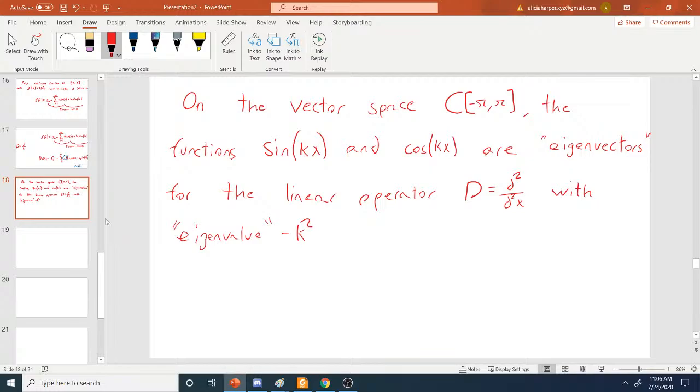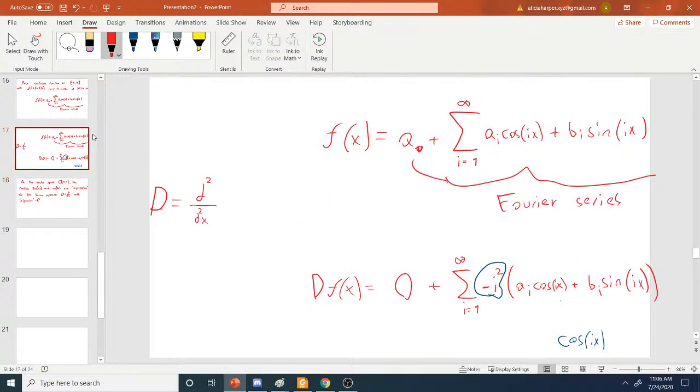And so even without explaining what these words mean yet, you can see the significance of them in this formula.